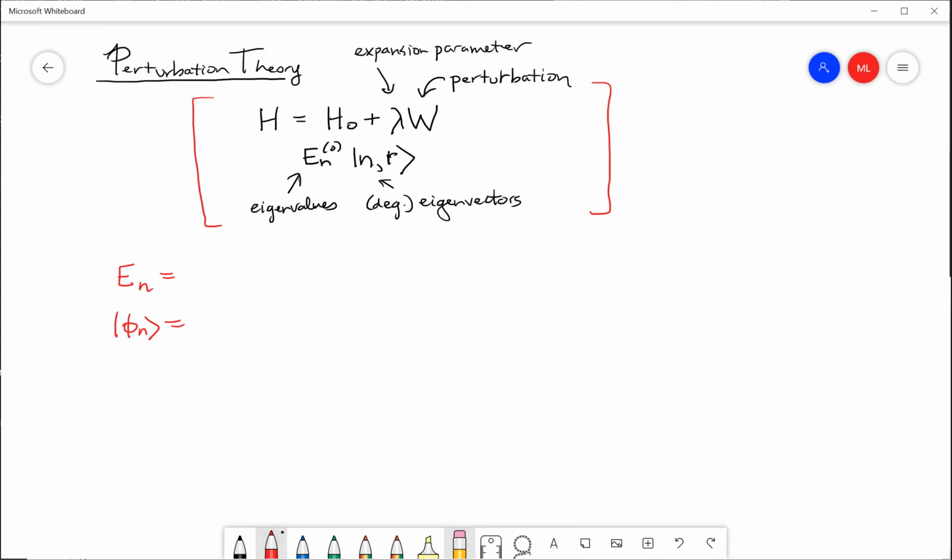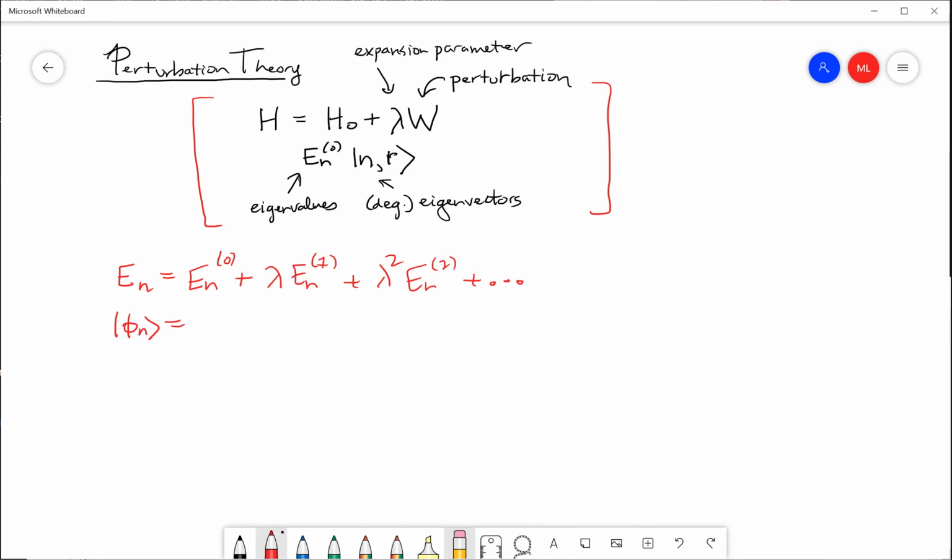So we know that, first of all, the energies, if lambda is 0, then there's just the unperturbed ones. And then we want a Taylor series where we go order by order in lambda, where these are the higher and higher order corrections. So that's what we want.